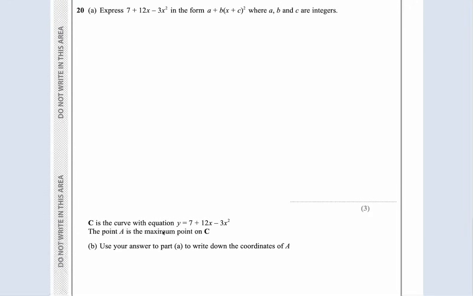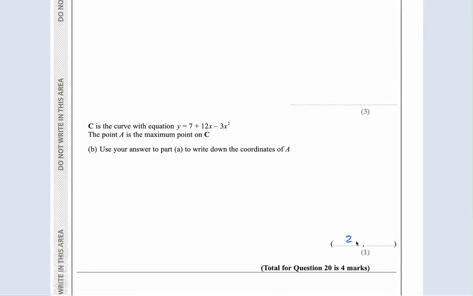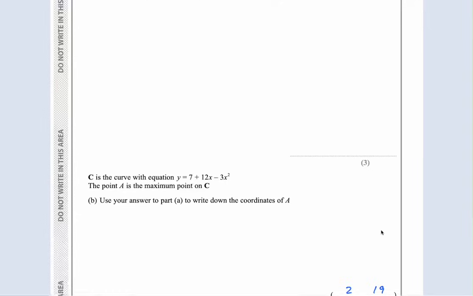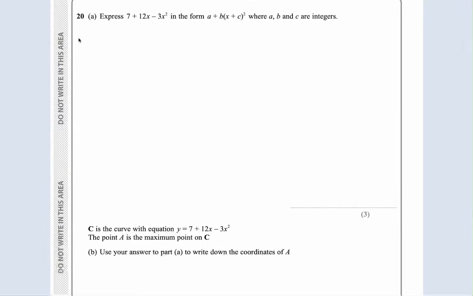And by the way, guys, this question here says point A is a maximum. What's the max? It's 2, 19. So the max is at 2, 19. So the equation is, the minus 3 is always the same, so it's minus 3, x minus 2, squared, plus 19.